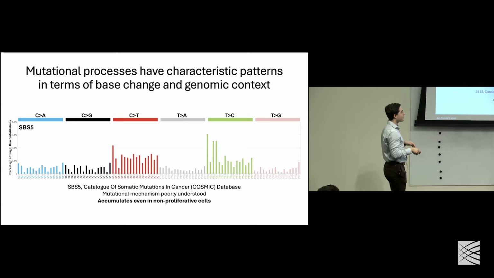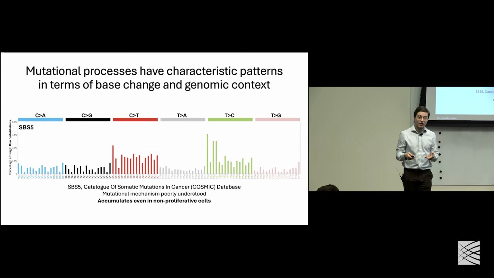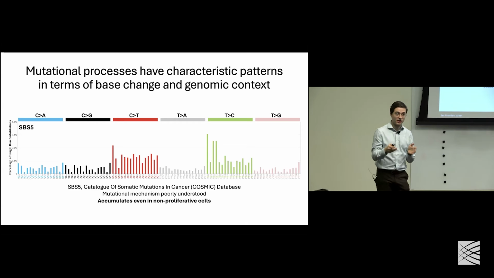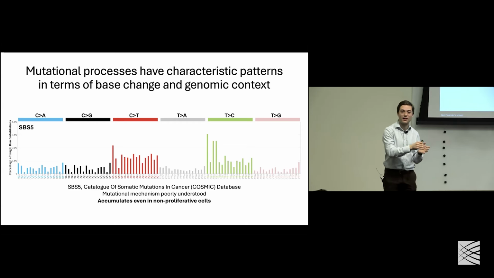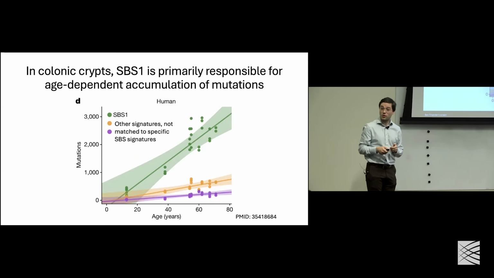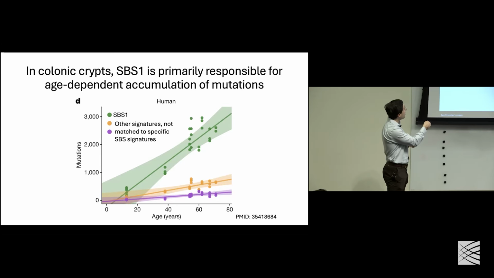So if we go back to our intestinal crypts, one thing we can do with this data now is we could extract signatures and see which of these mutational signatures is really driving this age-related accumulation of mutations. And it turns out it's quite clear which is doing most of the work. It's SBS1.